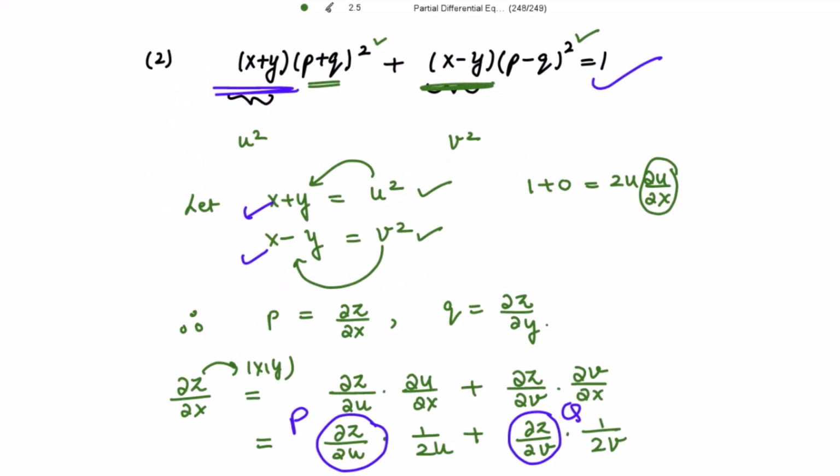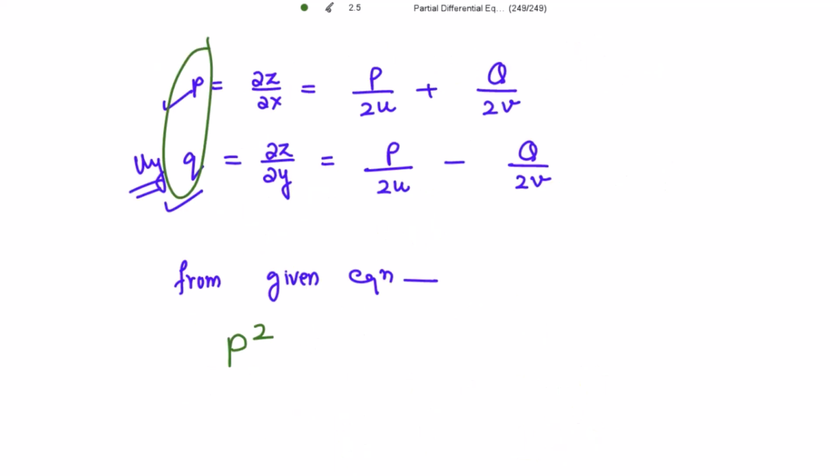Plus, similarly, x minus y is v square into p minus q whole square. So this is v square, and subtracting these two we get minus twice of Q divided by 2v and its square.